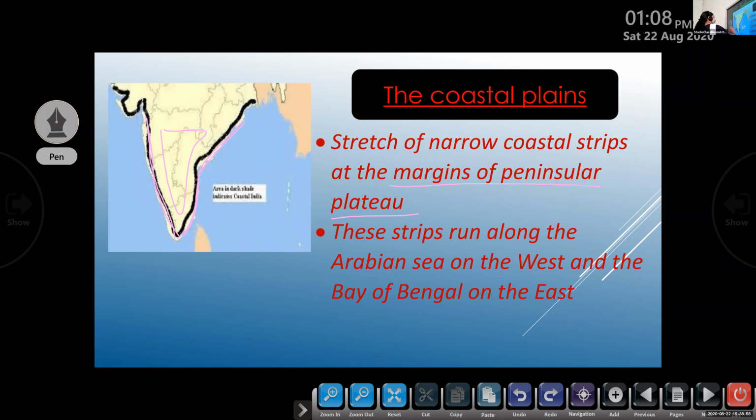We have western coastal plains and eastern coastal plains.